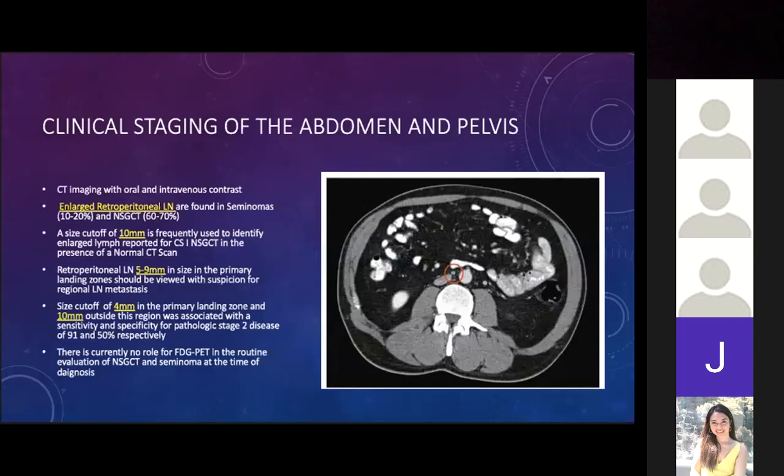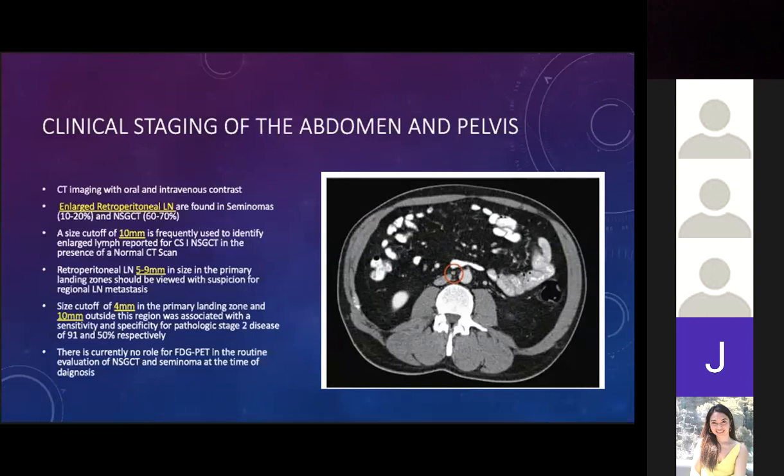So for your clinical staging of the abdomen and pelvis, the CT with oral and IV contrast is the most effective non-invasive means of staging the retroperitoneum and pelvis. It provides detailed anatomic assessment of the retroperitoneum to identify anatomic anomalies that may complicate subsequent retroperitoneal and pelvic lymph node dissection.